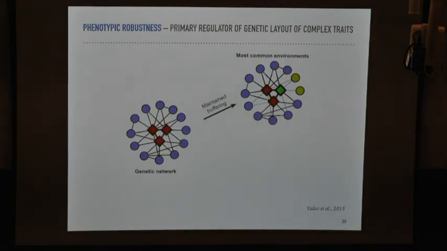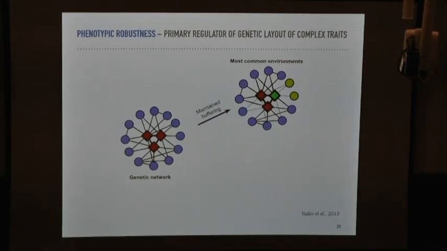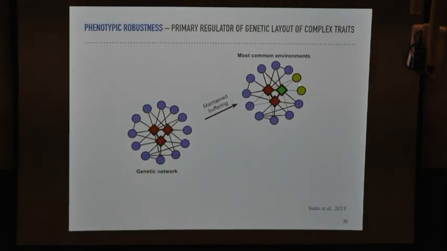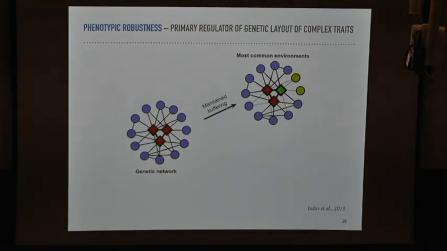Under most common conditions, these regulators are able to maintain buffering. That means the population is able to maintain its phenotype even though there is a change in the environment. That means the population is robust.